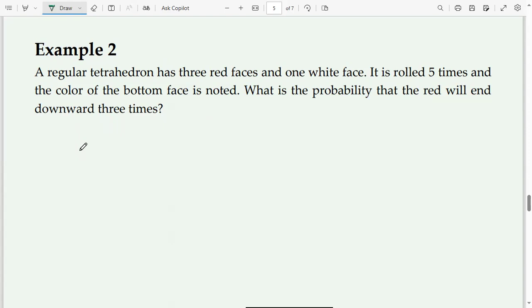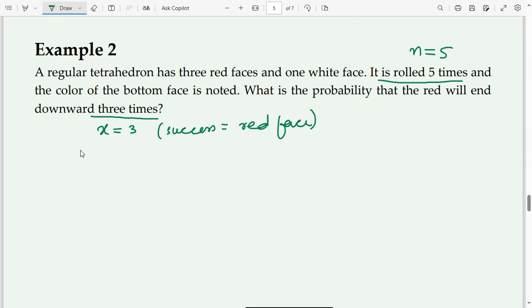What is the probability that red will end downward 3 times? अब देख, बाइनोमियल की एक आइडेंटिफिकेशन ये है, एक आपको दिया हुआ होगा number of trials which is n, एक आपको दिया हुआ होगा required number of successes, and here success is equal to red face which appears on the tetrahedron. बस probability of success आपको given नहीं है, so you know that out of four faces, three of the faces are red. Right? Now it's very simple.